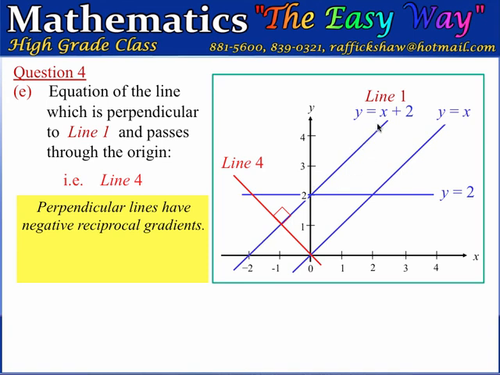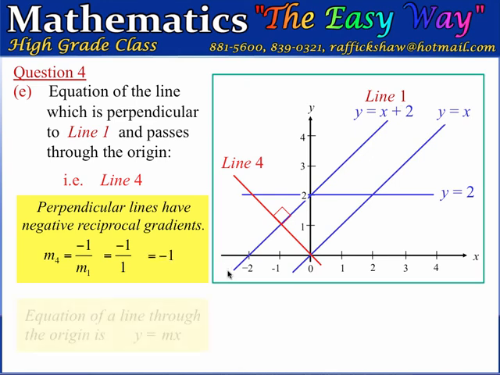And we already know that the gradient of line 1 is equal to 1, and we can show that the gradient of line 4, that's m4, is equal to negative 1 divided by the gradient of line 1, which is m1. So this calculation will give us the gradient of line 4. And so that gradient of line 4 is negative 1 divided by 1, because 1 is the gradient of this line 1, and that works out to be negative 1.